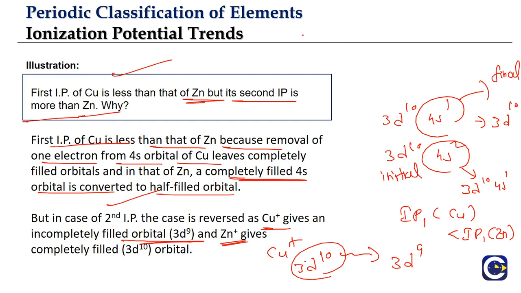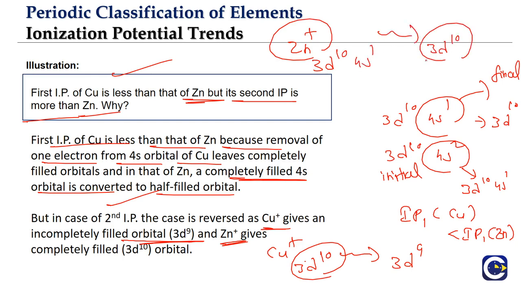Whereas when we remove an electron from zinc plus, which is 3d10 4s1, we will go to 3d10, which is stable. So removing an electron from copper plus means we are moving from stable to unstable, which requires more energy. Removing an electron in zinc plus means we are going from unstable to stable, so here we require considerably less energy.